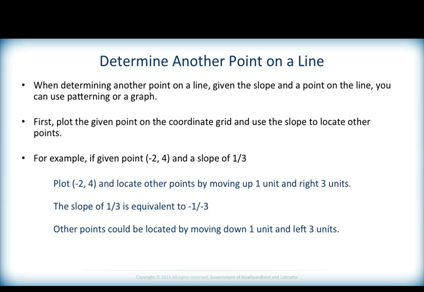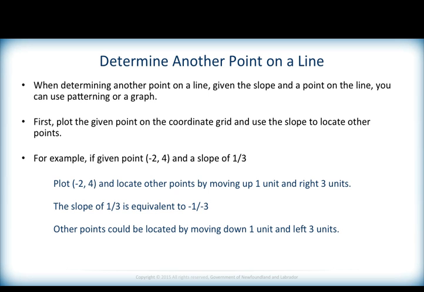If we want to determine another point on the line, given the slope and a point already, you can use patterning or a graph. First, you're going to plot the given point on the coordinate grid and use the slope to locate other points. So like the same process as we used in the previous example, you plot the point and you use the slope as a rise and run to help locate other points. For example, if given point -2 and 4 and a slope of 1/3, first, you will plot -2 and 4 on the coordinate grid and locate other points by moving 1 unit up and right 3 units.